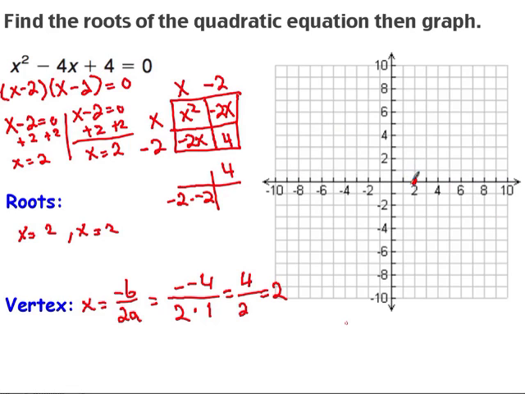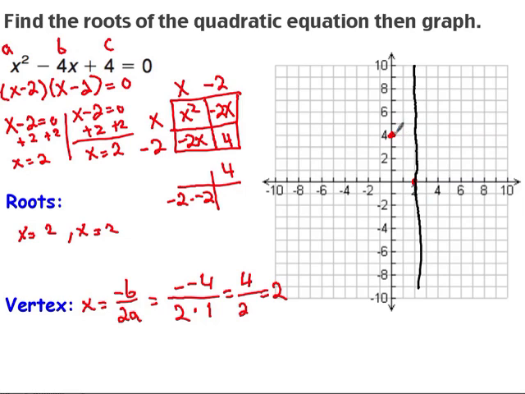So we're trying to draw the parabola here. So we can use the vertex, and we can use the y-intercept. We said yesterday, this is A, this is B, and this is C, that C is your y-intercept. So we can see the y-intercept here is 4, and the axis of symmetry is right here.